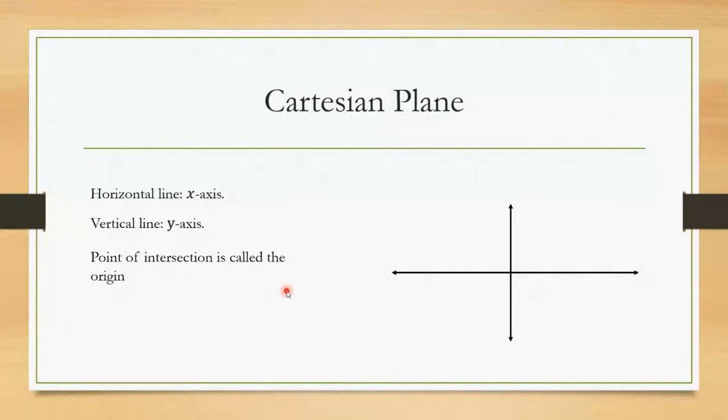So for the Cartesian plane, well, what is it? Let's say we have 2 copies of the real number line. We saw what that looked like before. One of them is vertical, as you can see. The other is horizontal, as you can see as well.